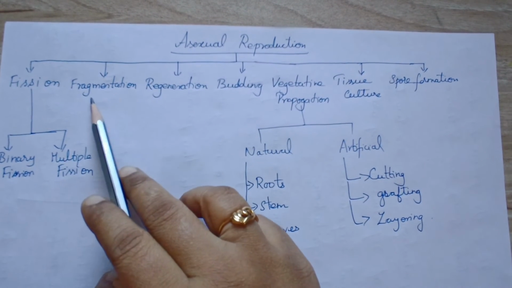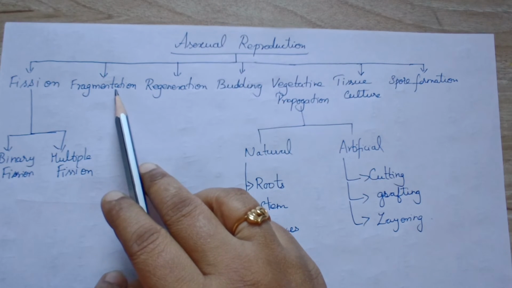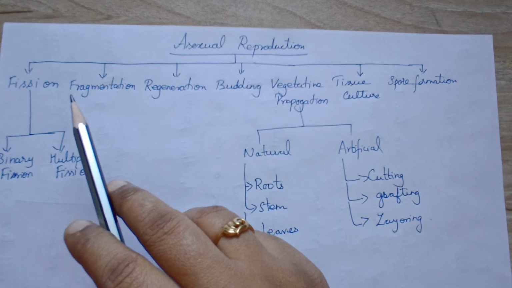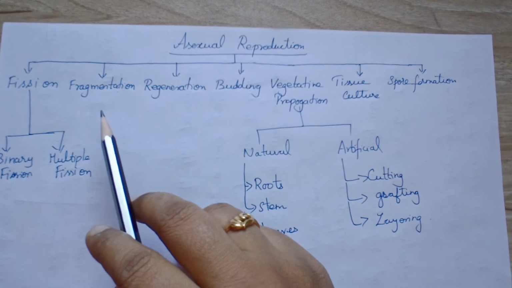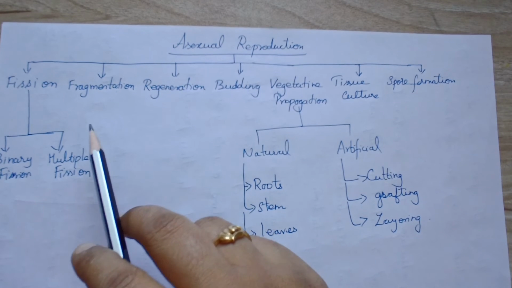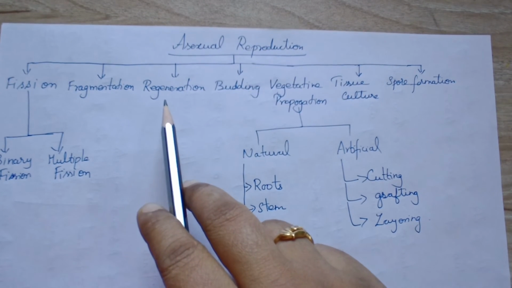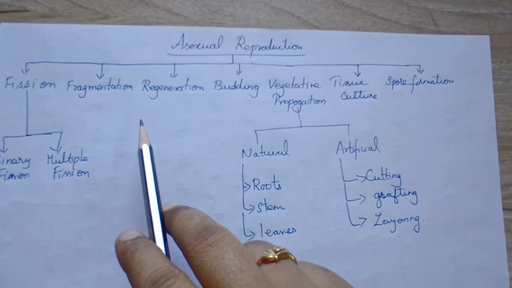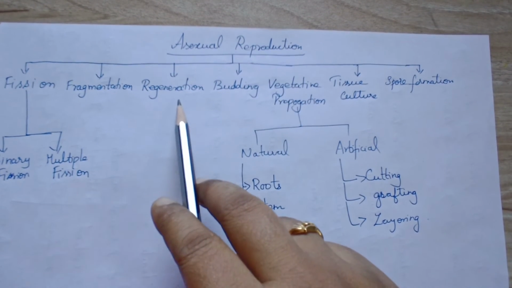Next, fragmentation: from the pieces of the parent, a new individual organism will come. Next, regeneration: from any segment of the parent you will get a new one.